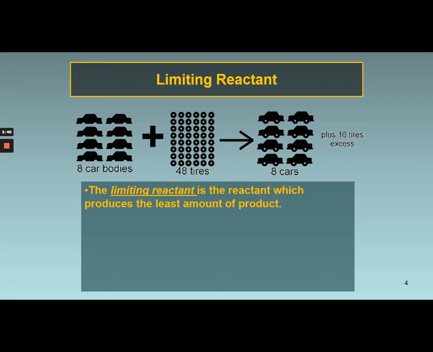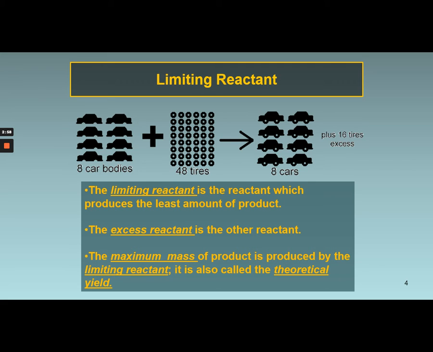Okay. So the limiting reactant or reagent is the reactant which produces the least amount of the product, or it limits the amount of product that can be produced. What's left over is called the excess, and you don't ever see that in the equation.